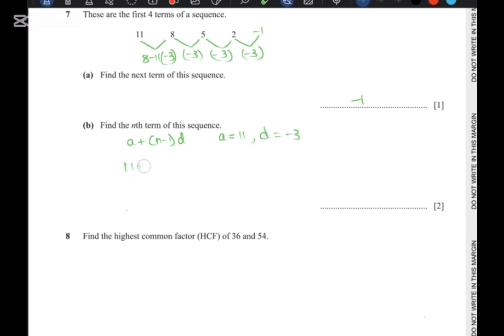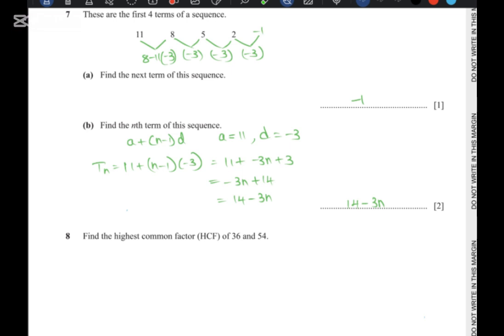So the nth term will be 11 plus n minus 1 into minus 3. Minus 3 into n is minus 3n, minus 3 into minus 1 is plus 3. So minus 3n stays as it is, and 11 plus 3 is 14. So the answer is 14 minus 3n, the nth term.